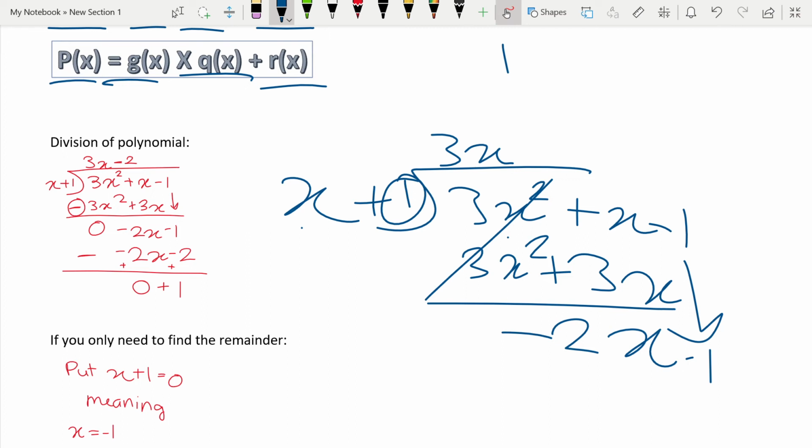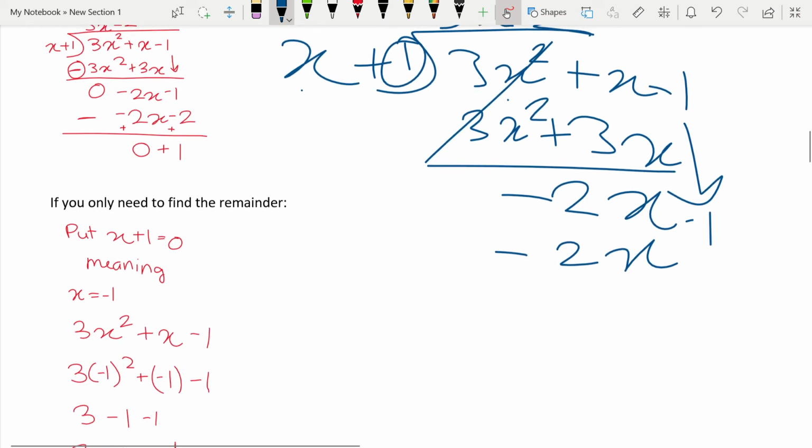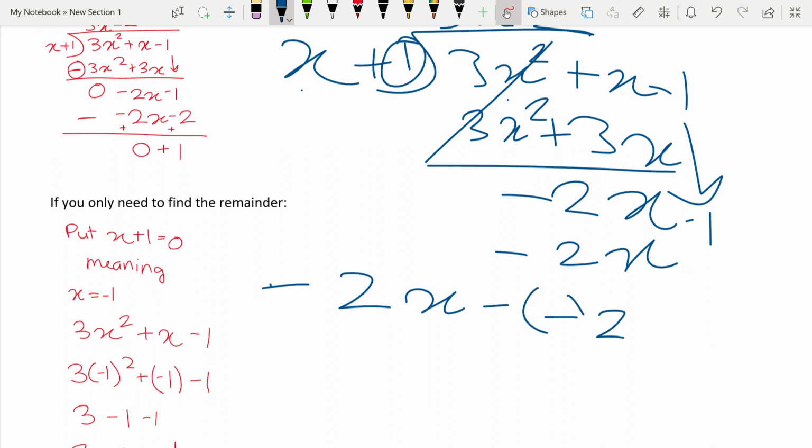Now we multiply x by another thing. x times what is equal to 2x? That's 2. Let's get minus 2x and minus 2, because minus minus is equal to plus.